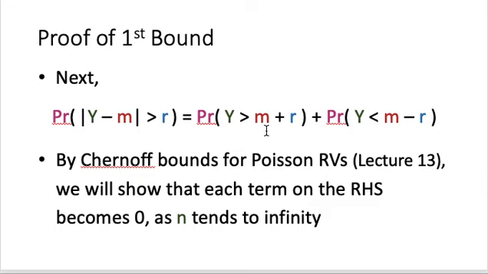This is the right tail, and this is the left tail. We are going to show that for each of these terms, the value will be 0 as n or m tends to infinity. So m is the value here, and recall that n and m are related in the sense that m is equal to n log n plus cn.